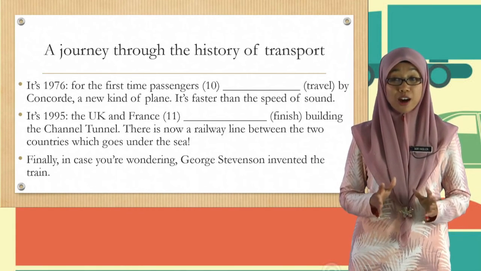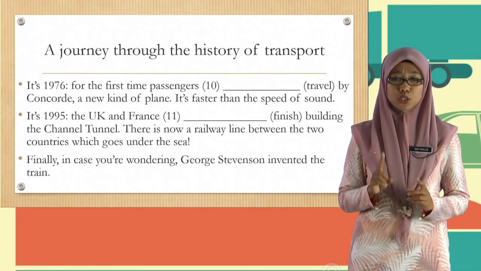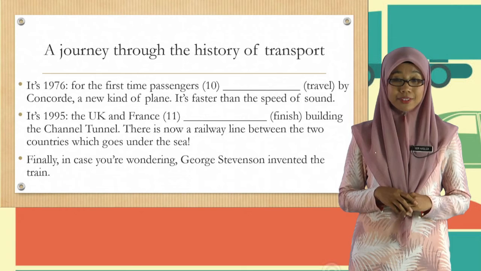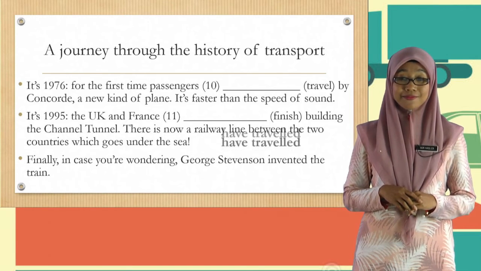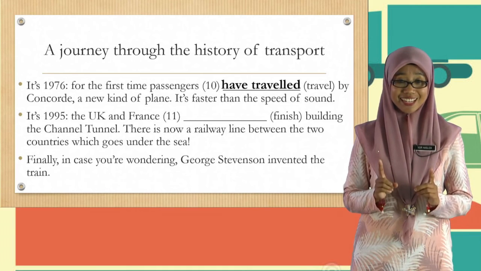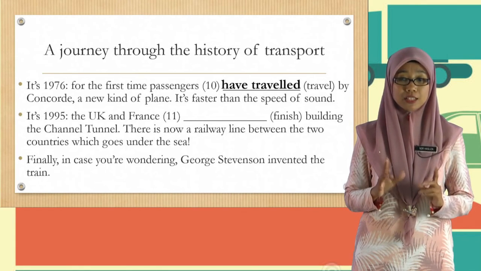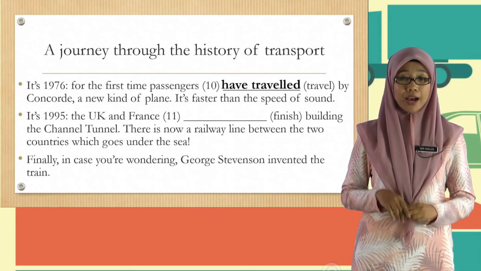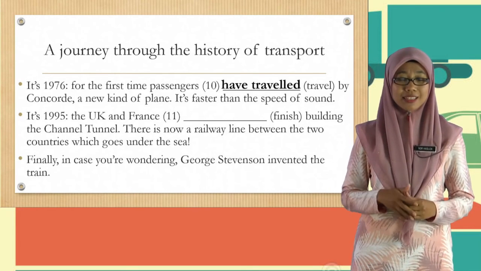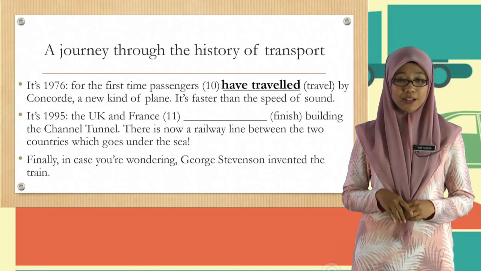It's really fast. So what is the answer for question number 10? Can you guess? Have traveled. Yes, okay, for the first time, passengers have traveled by Concorde, a new kind of plane. It's faster than the speed of sound.